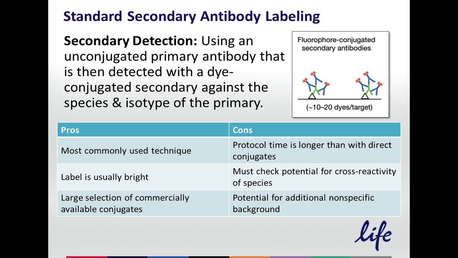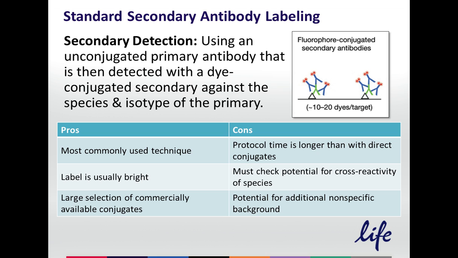And there are a lot of different species, so whether you have a rabbit primary or mouse or human, there will usually be a secondary antibody to match that in whichever color you want to choose. The problem compared to a direct conjugate is that it takes a little bit longer because now you have 2 steps instead of 1 for the labeling.